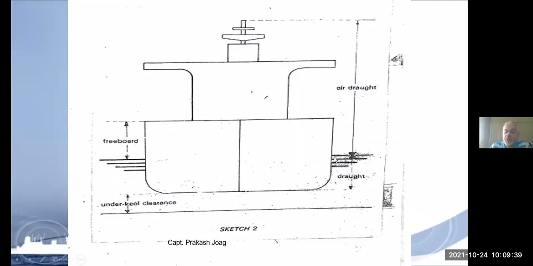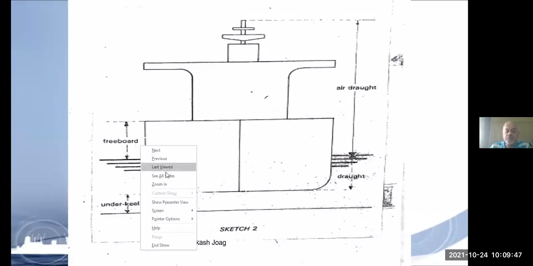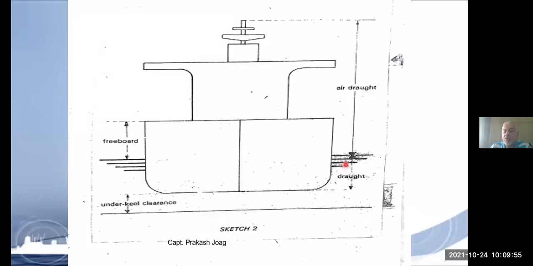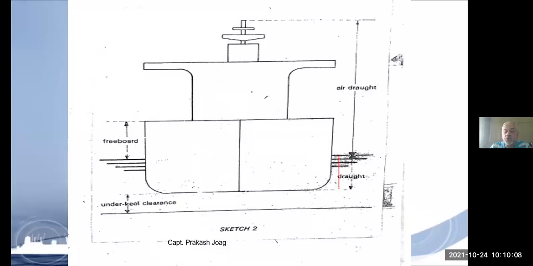So draft I wanted to show you. From here to here will be the draft of the ship, the vertical distance down.